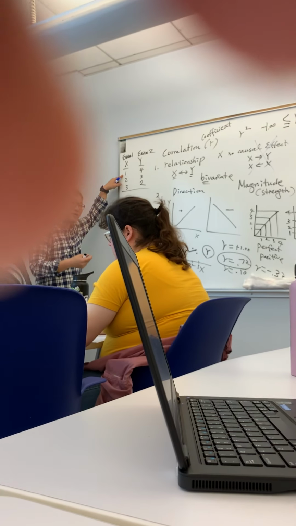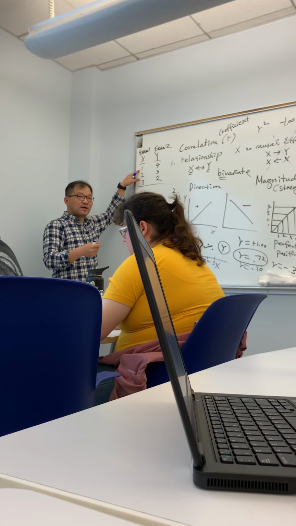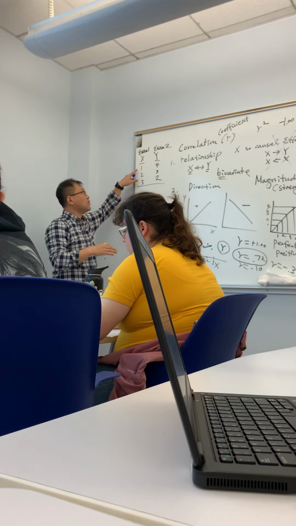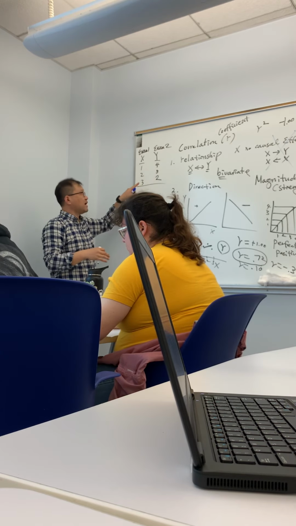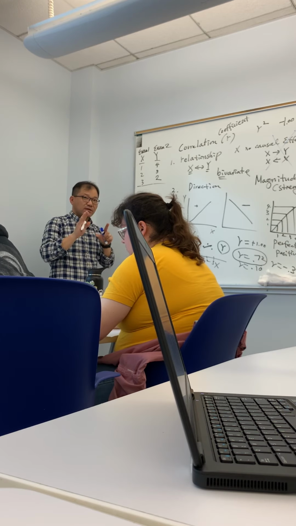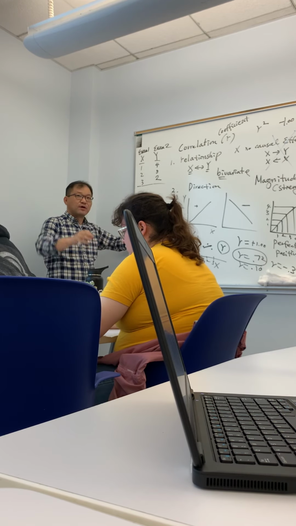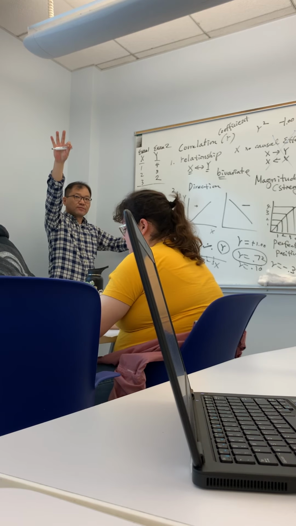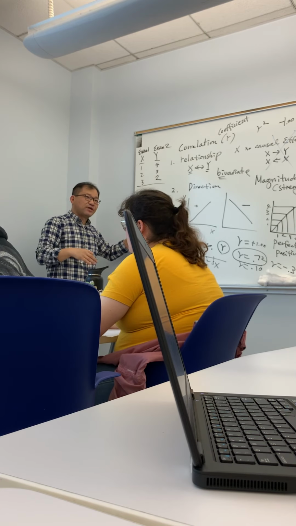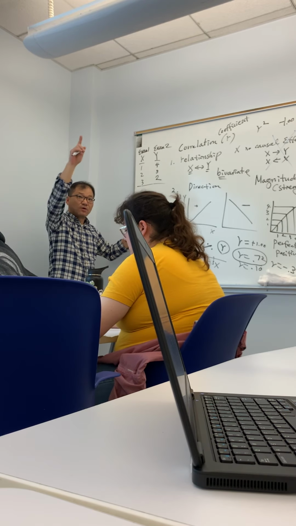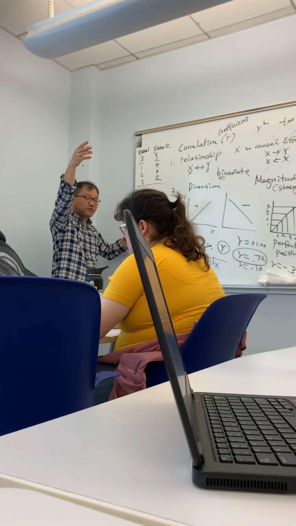How many pairs do we have? 3 pairs, right? 3 sets: 1, 4; 2, 5; 3, 2. They are dependent on each other, correct? So we have n of 3. So what is the degrees of freedom with this analysis? 3 minus 2 equals 1. Okay, that is the degrees of freedom.